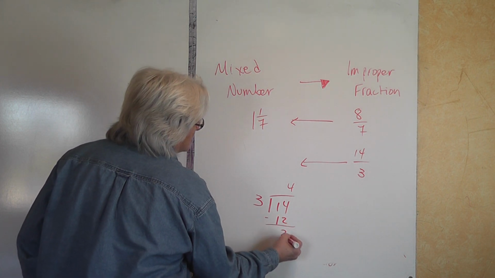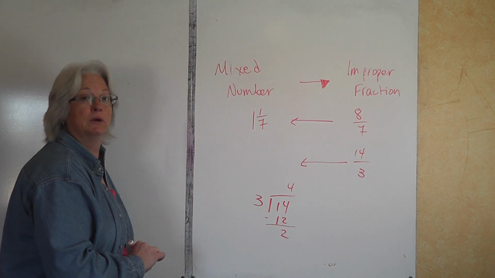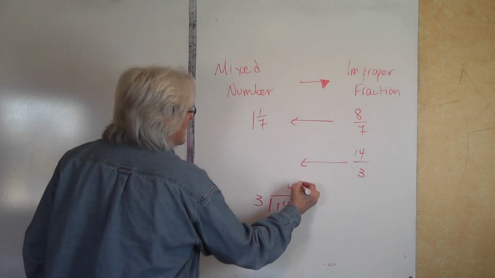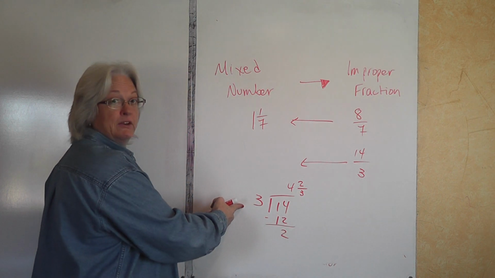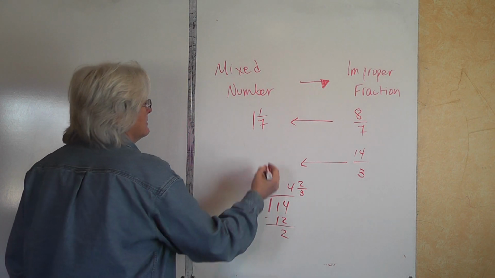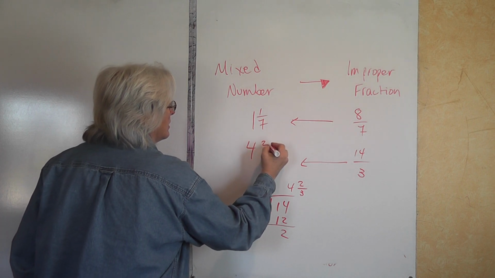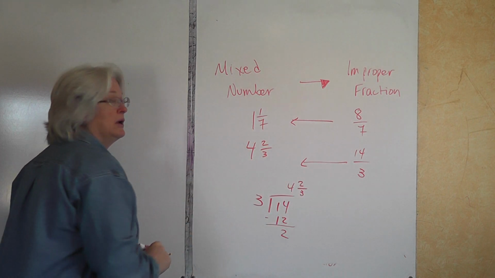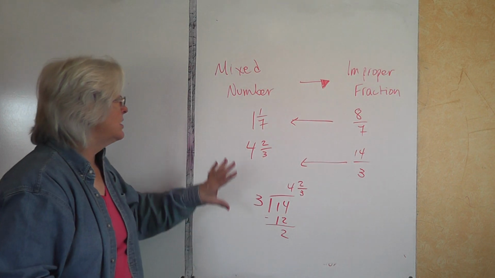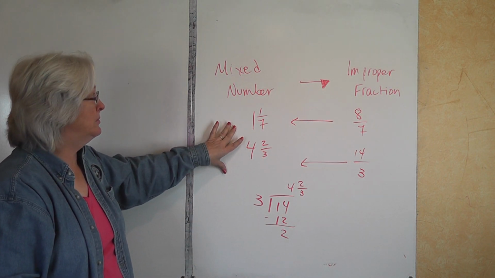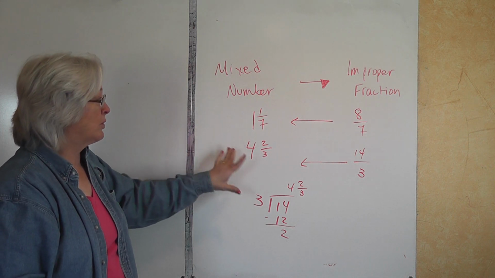You subtract, you have a remainder of 2, and you write that as the numerator with the divisor as the denominator. So according to our division here, the improper fraction 14/3 should be equivalent to the mixed number 4 2/3.